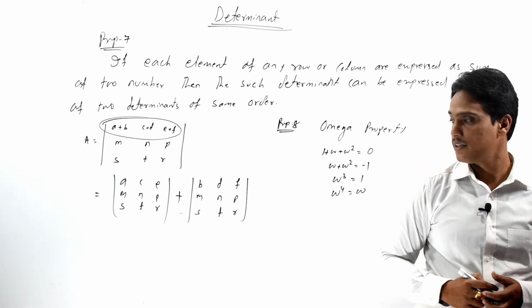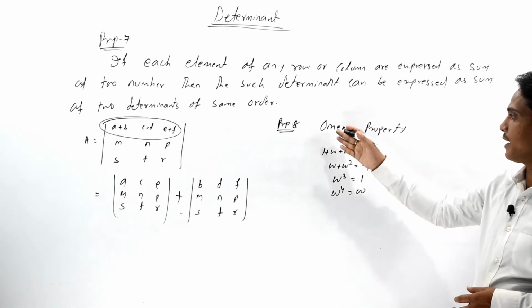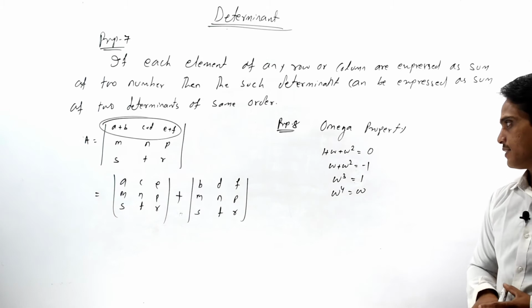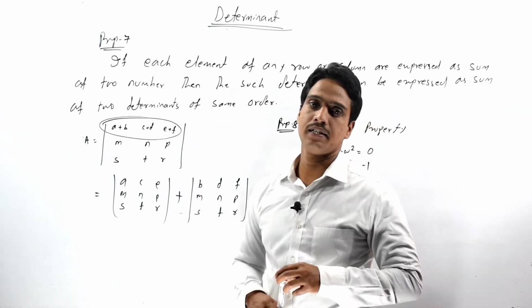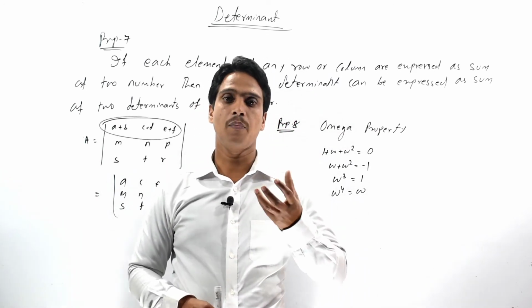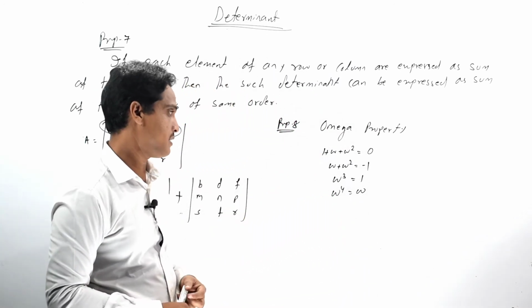That means we can use the omega properties in case of finding the determinant values of omega determinants.